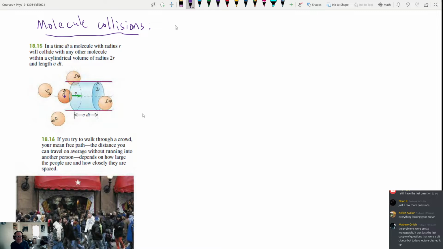We want to figure out the number of collisions per second. We're going to define this as dN/dt.